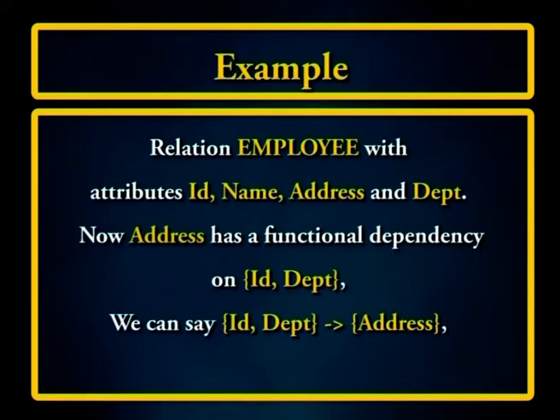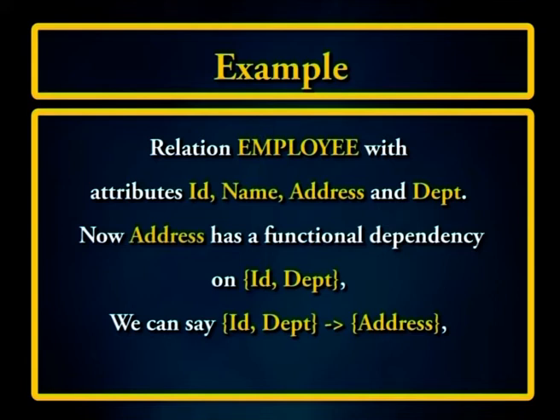For example, consider a relation employee with attributes ID, name, address and department. Now, address has a functional dependency on the set of attributes ID and department. We can say the set ID, department functionally determines address, or address is functionally dependent upon the ID, department set.